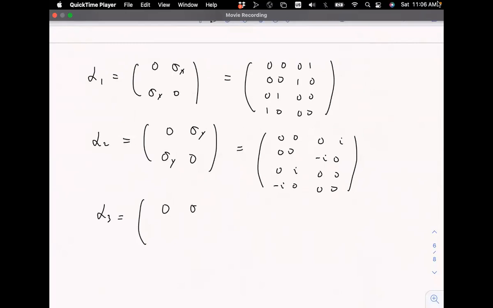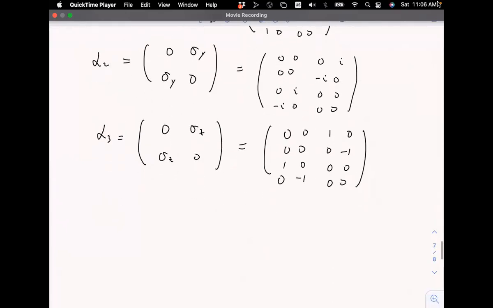And then this will be sigma z: 1, -1, 1, -1. And then beta will be I and -I, basically 1, 1, -1, -1.